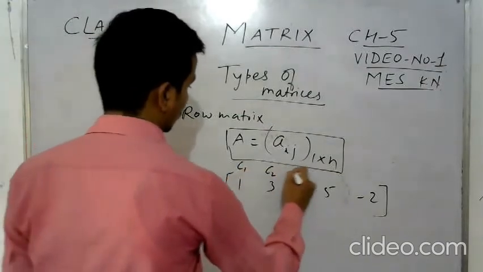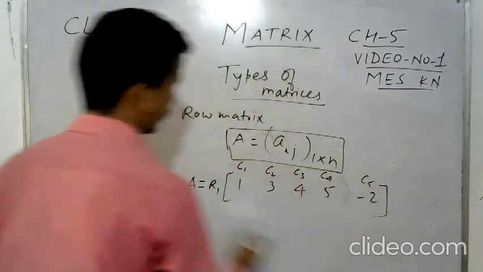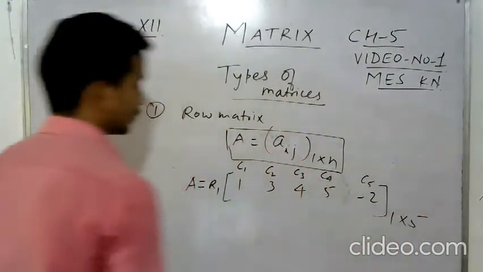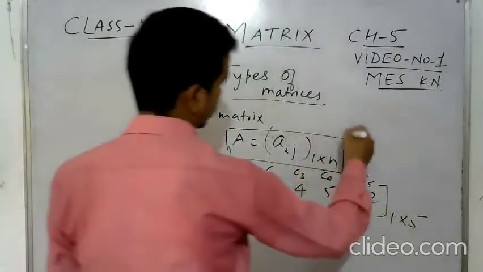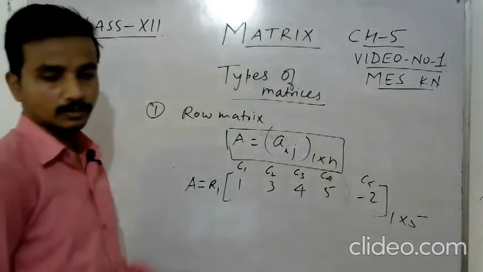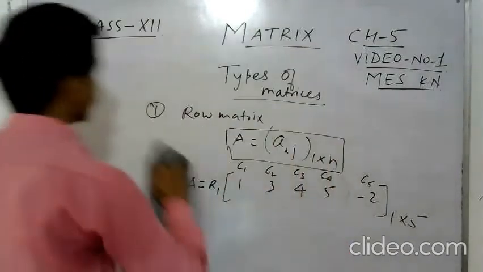First column, second column, third column, fourth column and fifth column. So you have 5 columns, so you can write this as 1 into 5. So this is the order of the matrix. So a matrix having only one row is known as a row matrix. Now we will see what a column matrix is.